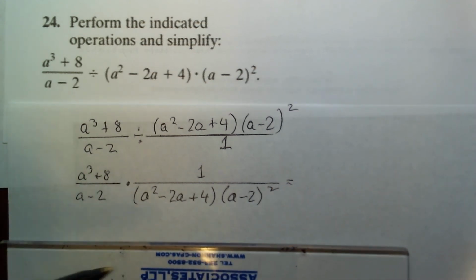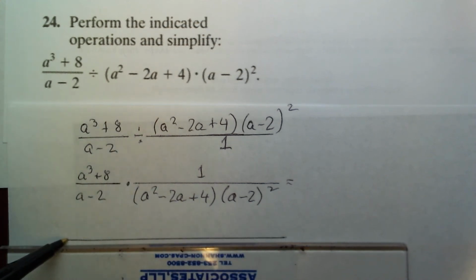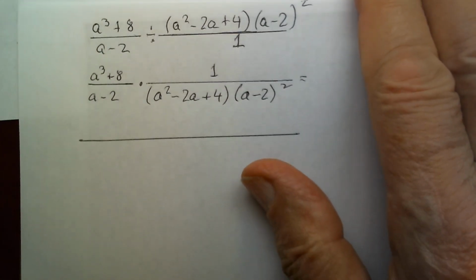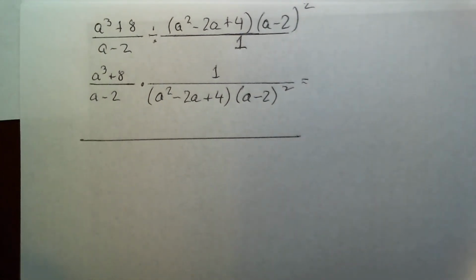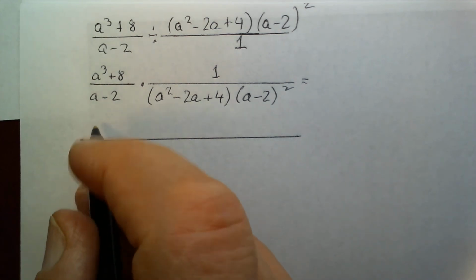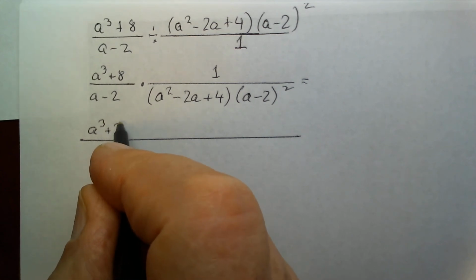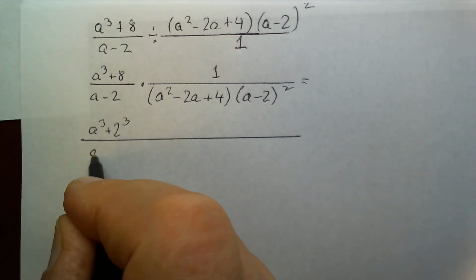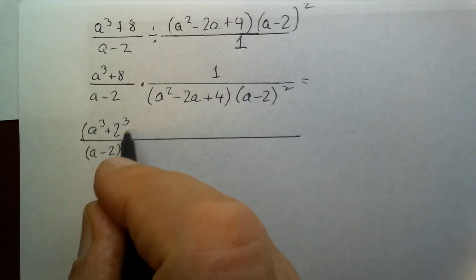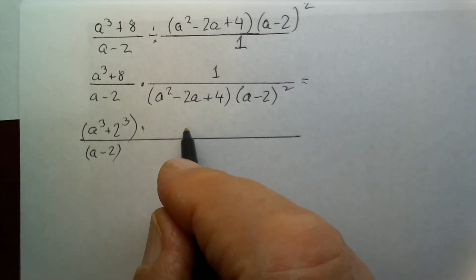So now we want to start factoring certain expressions. First of all, a to the third plus 8 is the same as a to the third plus 2 to the third divided by a minus 2. Times 1, so we can leave out the 1.